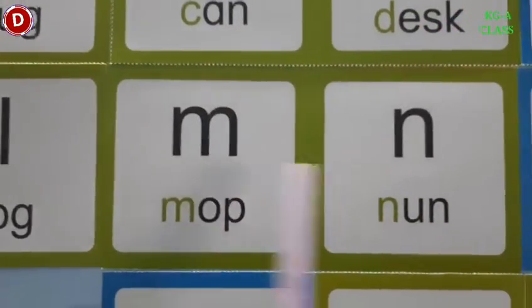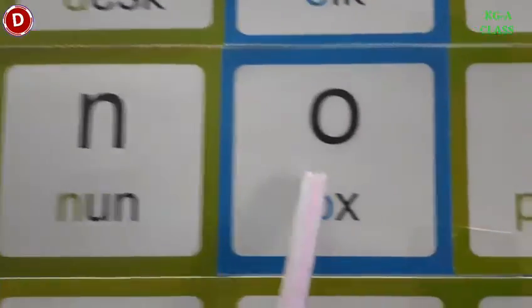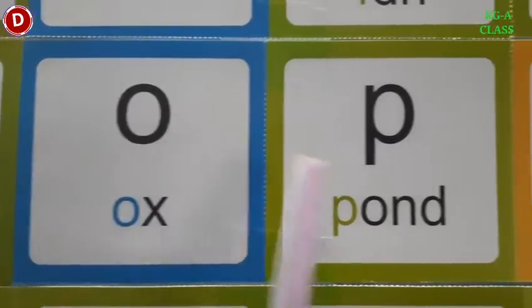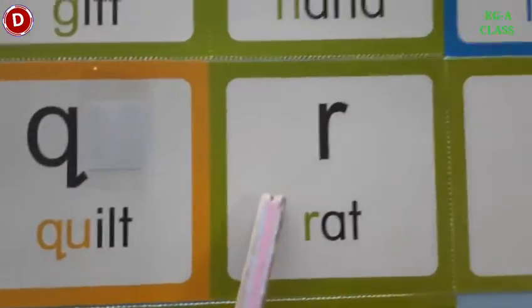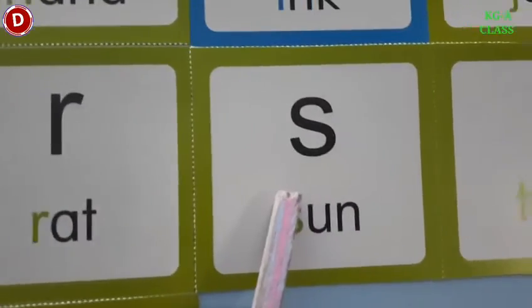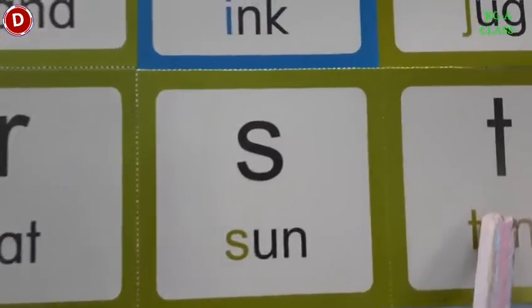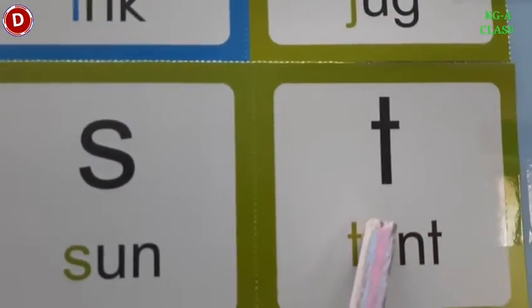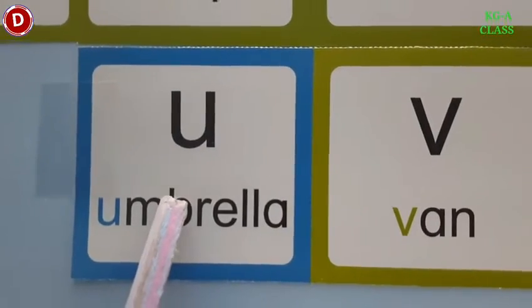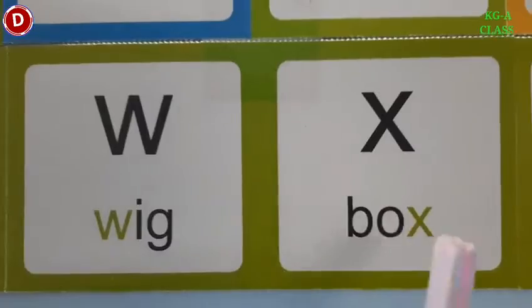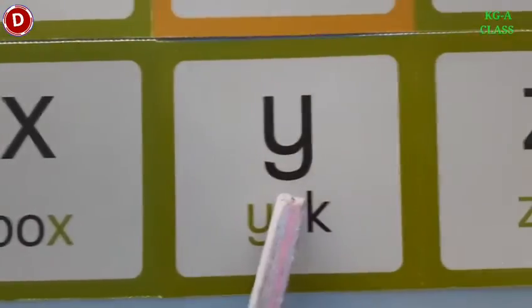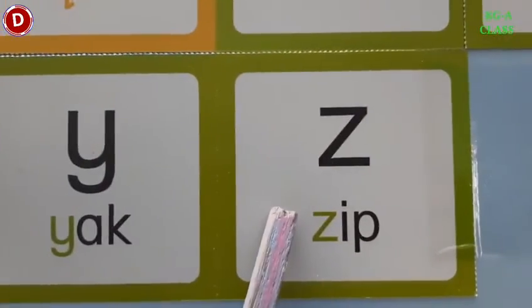Small m. Small n. This is small o. Small p. Small q. Small r. This is small s. Now comes small t. Small u. Small v. Small w. Small x. Small y and small z.